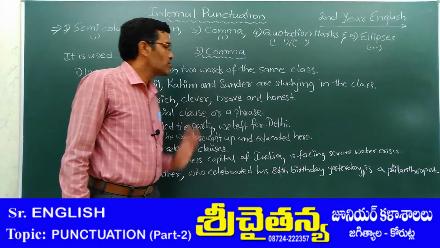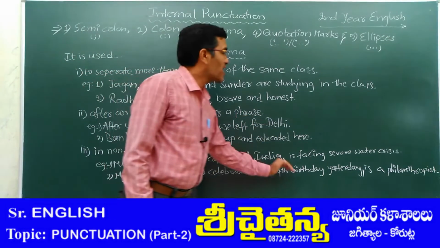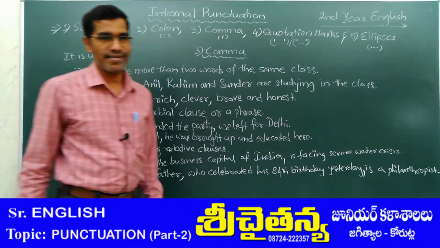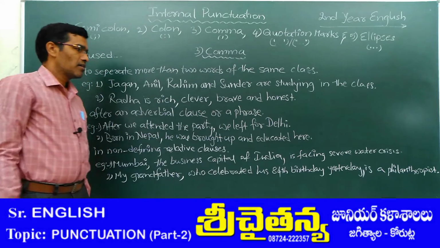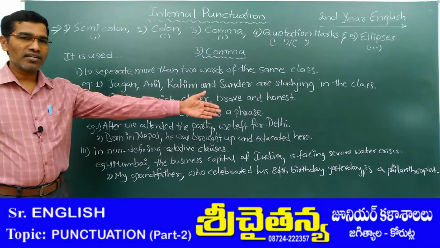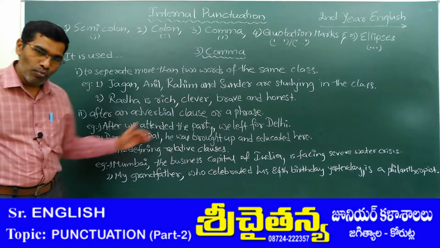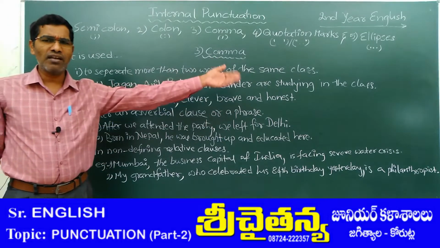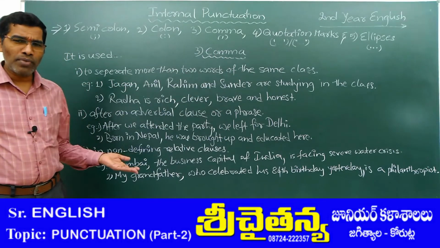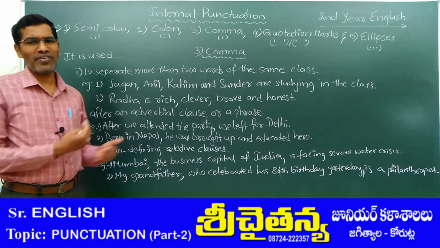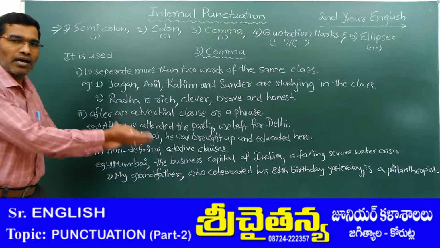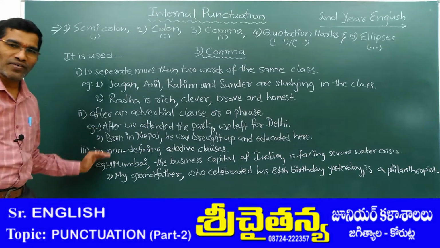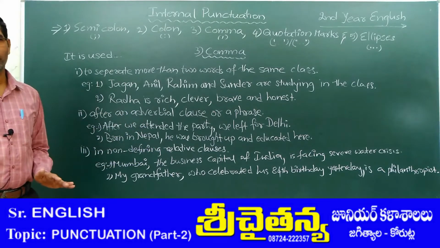Yes, after this we used a comma. Mumbai is facing severe water crisis. Which Mumbai? The business capital of India. The business capital of India is nothing but a relative clause which refers to the noun.